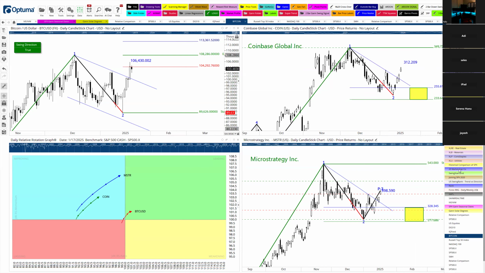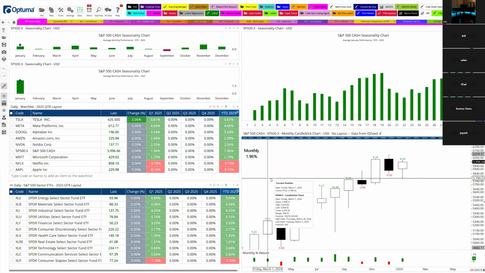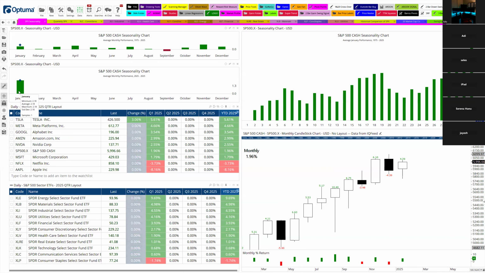I was going to show you, we just started off the data. Looks good. Seasonality, bar is up higher. We still have another week to go, and next week's earnings are nothing heavy.